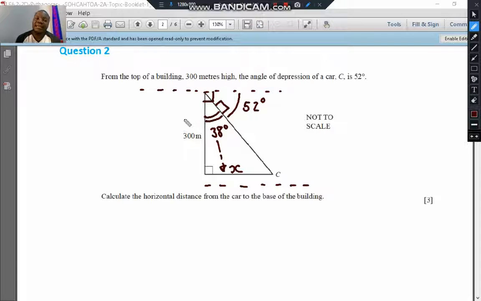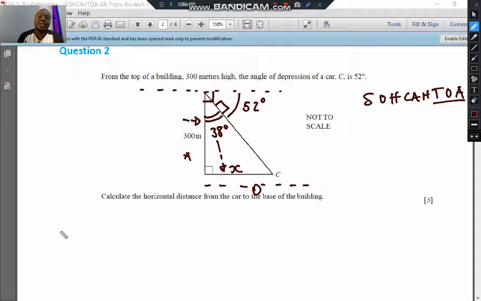Then this side here qualifies to be called the adjacent because it is next to the 38 degrees that we are dealing with. So we've got the adjacent and then the opposite. We've just been looking at trigonometric ratios. So what trigonometric ratio of the three that we know deals with the opposite and the adjacent? You can see that that's the tangent because it's got opposite and adjacent.